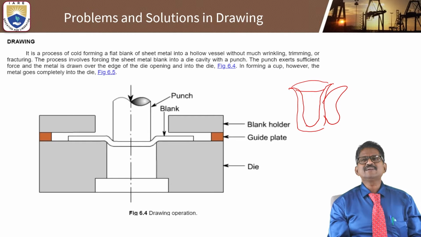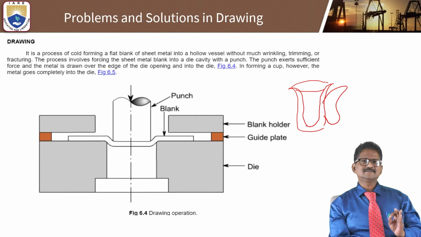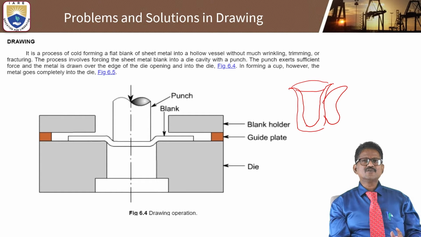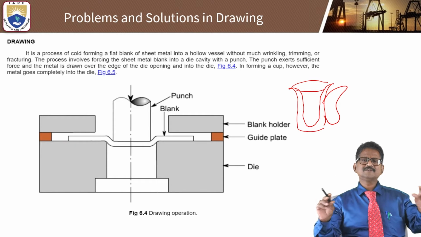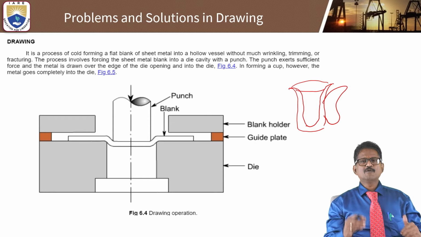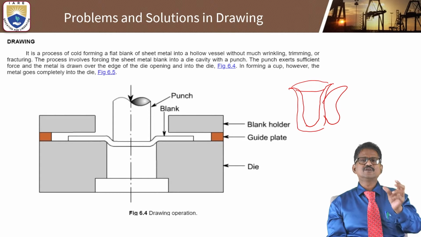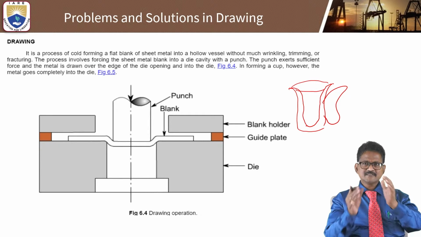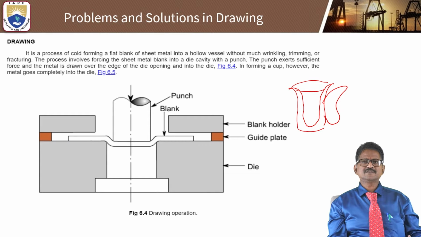Here, no need to heat the metal. The cold sheet, workpiece or strip is kept above the die, supported by blank holders and a guide plate, so that the cup shape can be easily formed.